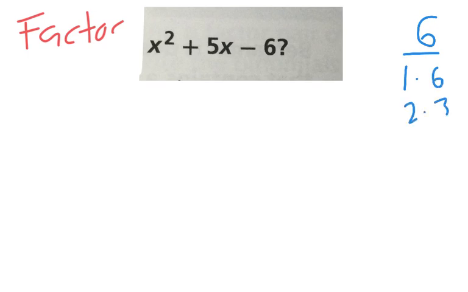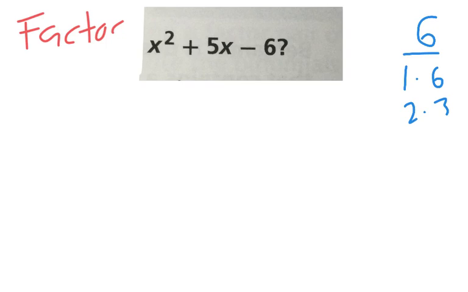Now my last term is negative, which means my two factors have to have different signs. One positive, one negative. So I need these to combine to be positive 5, where one is positive, one is negative. So 2 plus 3 is 5, but they're both positive.